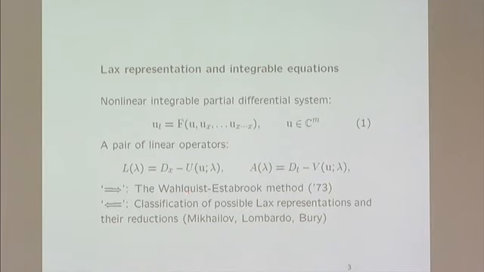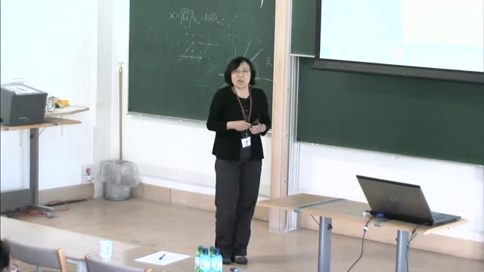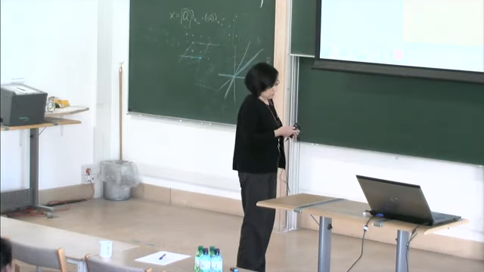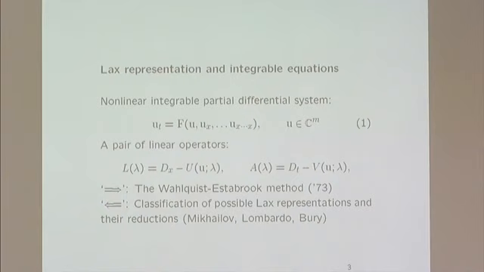But you also need to think about what is going on with your spectral parameter, the dependency on lambda. For lambda, you use the fractional linear transformation. In the finite dimensional case, there is a classification for this transformation group.